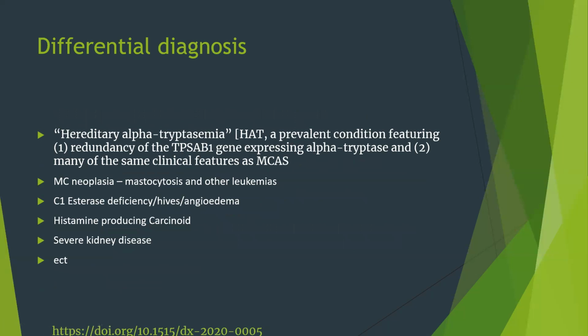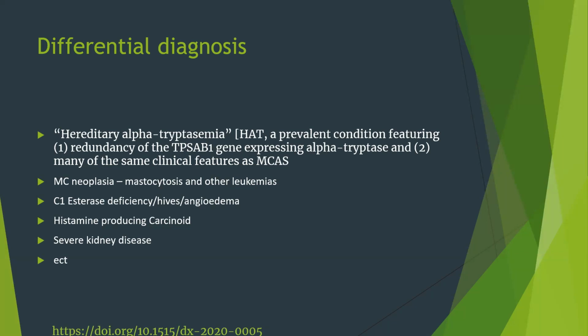So there are things to consider that would make us say that no, it's not MCAS. There is a recent diagnosis of hereditary alpha-tryptasemia, apparently more frequent in people with EDS, and it's a high level of tryptase because of repeated gene expression in a certain place. Then the most serious ones would be mast cell neoplasia, meaning leukemia, and other leukemias, not only of mast cells, need to be ruled out.